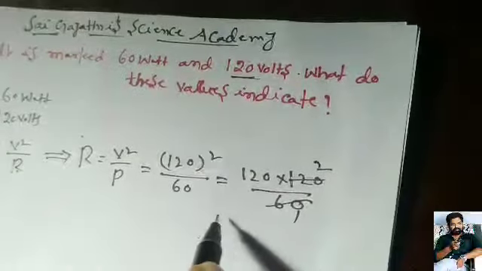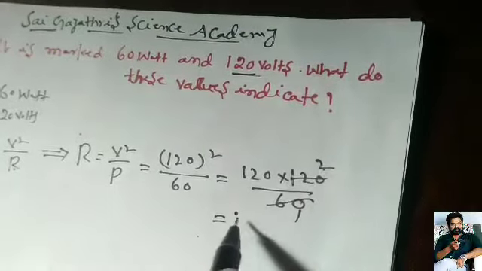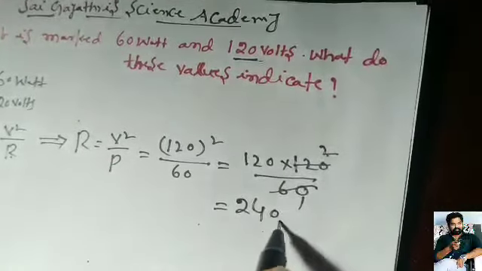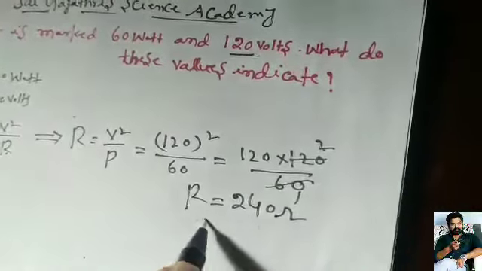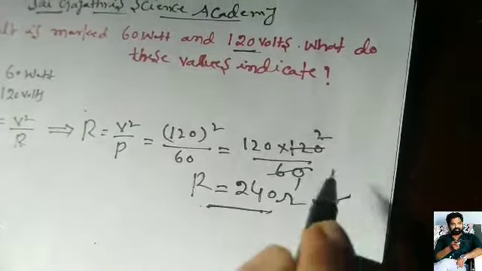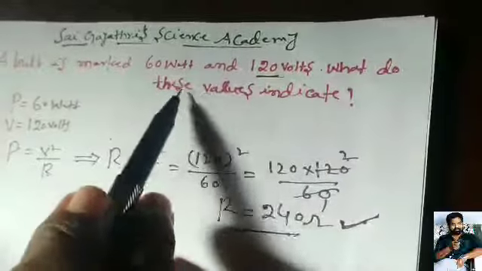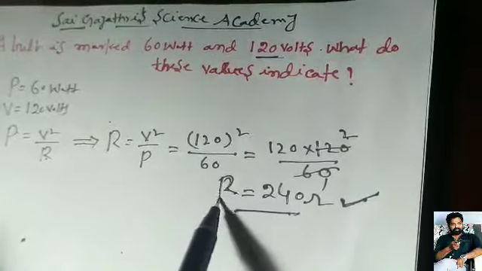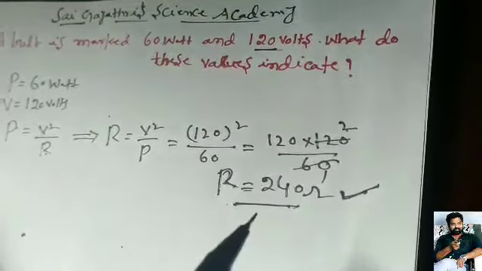That is 120 into 2, that is 240 ohms. Now the resistance of the bulb is 240 ohms. So the value indicates resistance R, that is 240 ohms.